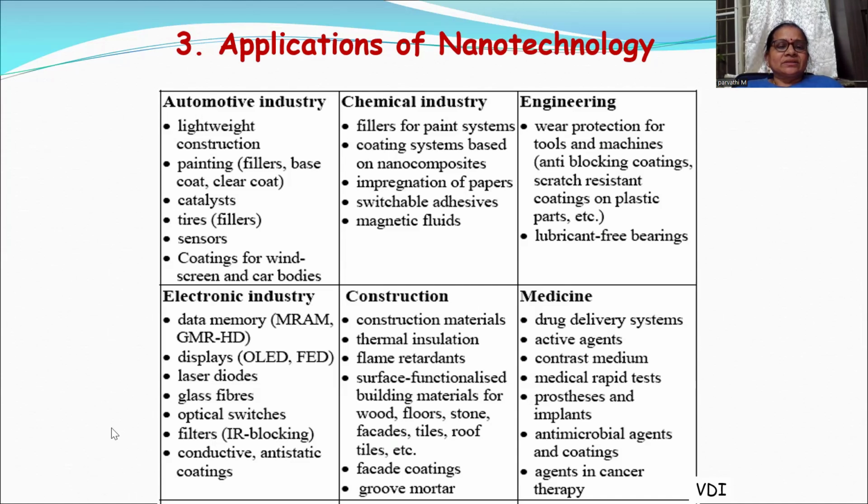Similarly, the electronic industry, that is data memory, as we observe memory card size getting reduced as technology increases. So OLED, FED, laser diodes, glass fibers, optical switches, all these applications use tiny particles of relevant nanomaterials. So it is possible in every corner of technology to build with nanomaterials.